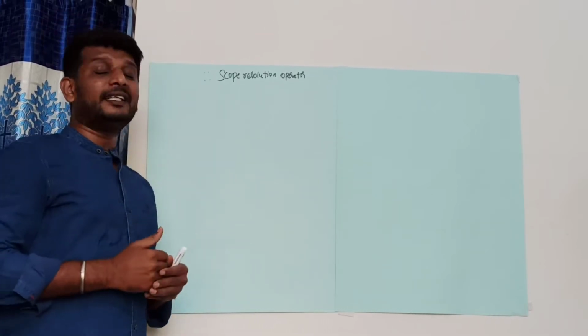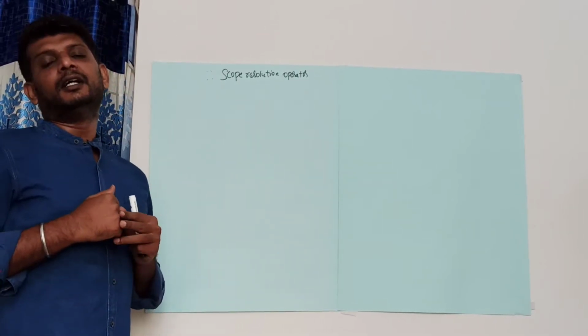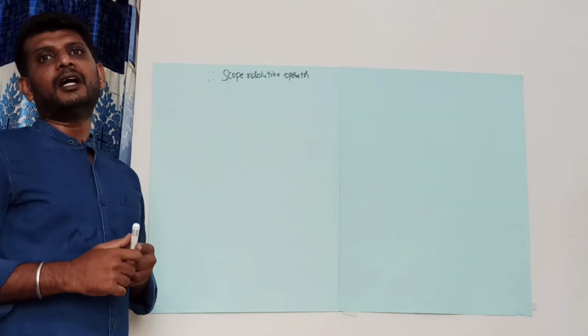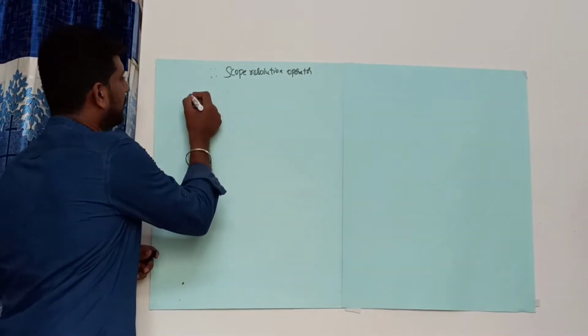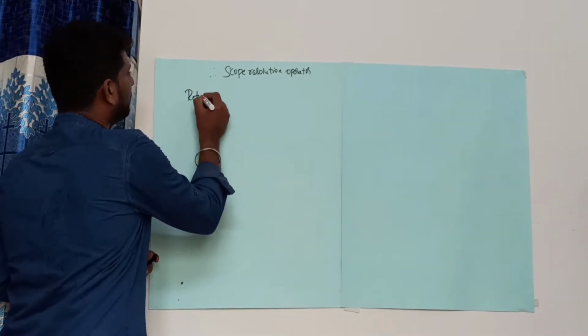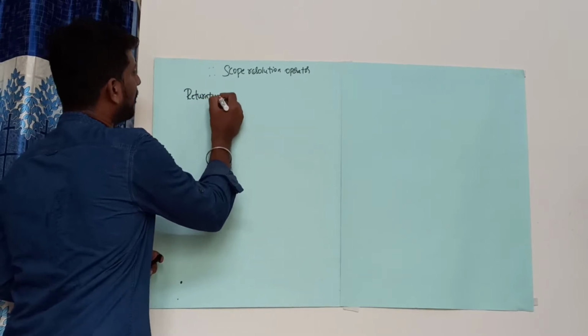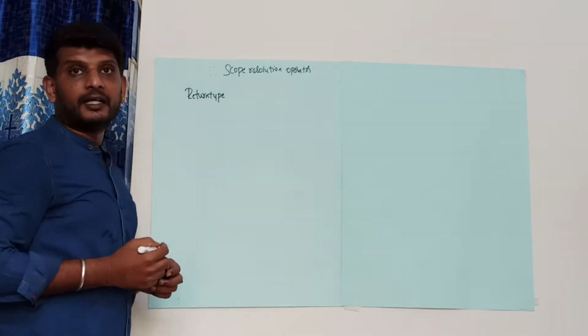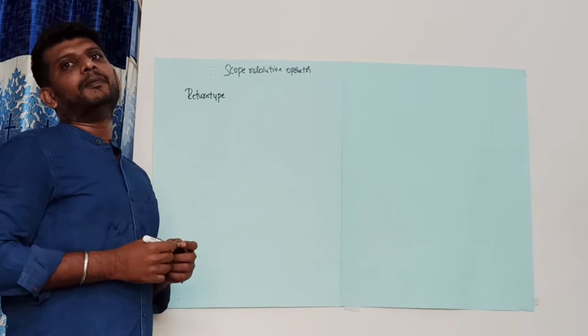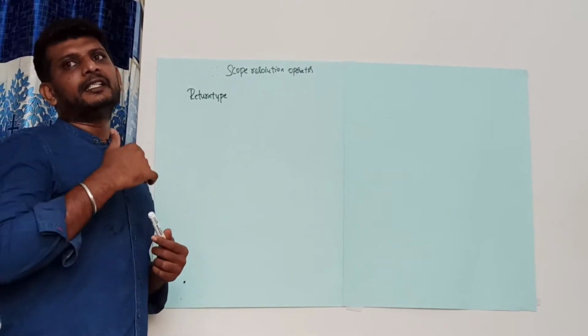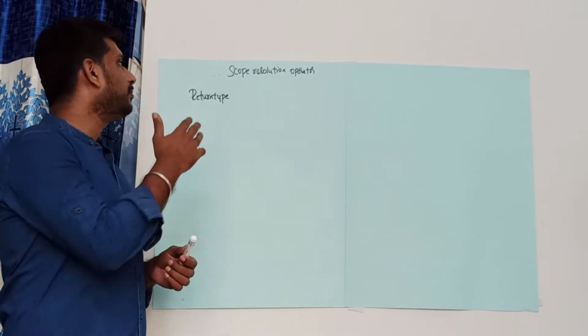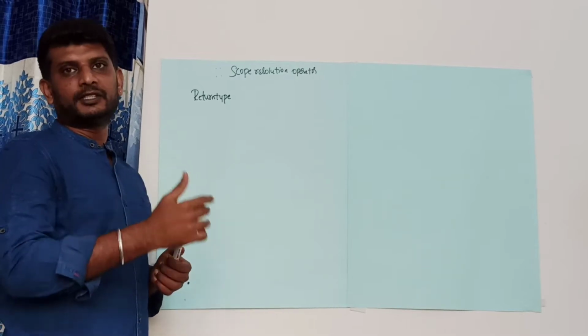Now, let us see the syntax for defining the member function outside the class. The first thing is the return type. Firstly, you have to specify the return type. Usually, you will be using void. In case you are returning any value, the return type will be int, float, something like that.